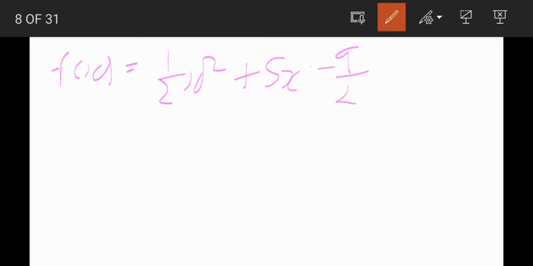Then we're going to end up with f of x equals 1 over 2 x squared plus 5x minus 9 over 2, right?